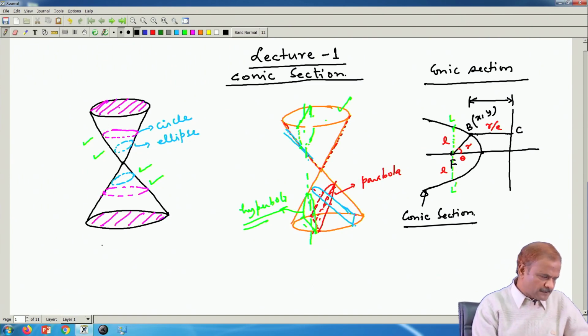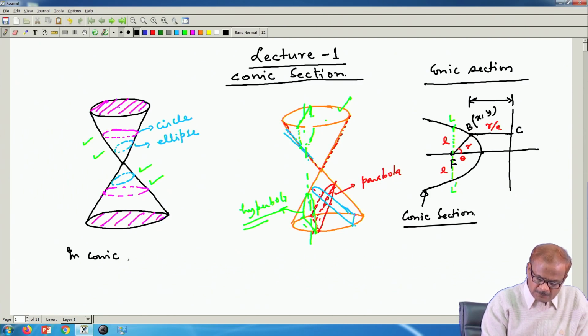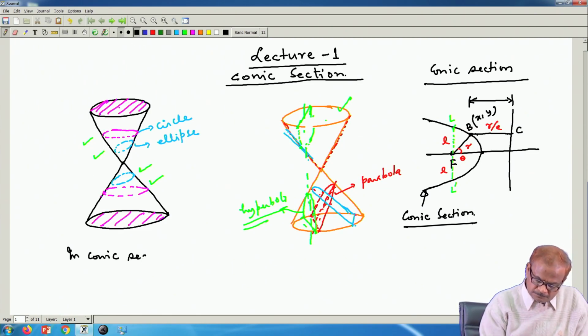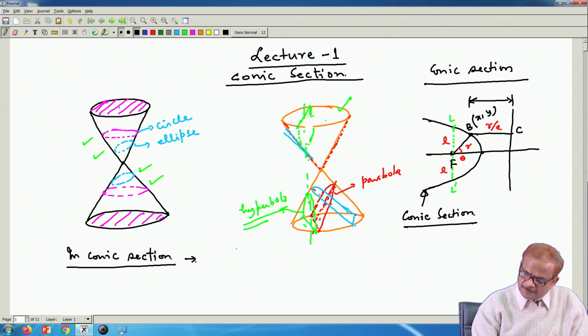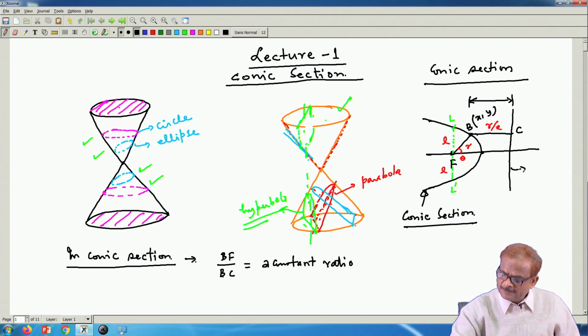So, the conic section definition we will write as: in a conic section, BF by BC is in a constant ratio, and this line we call the directrix.